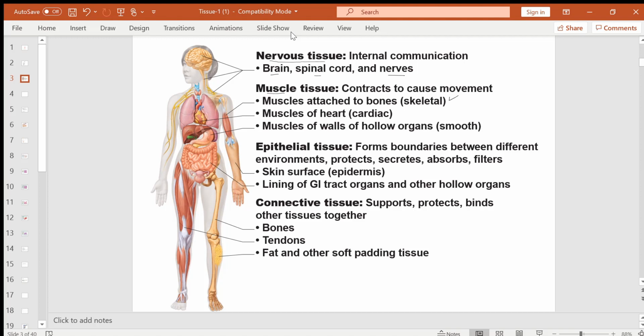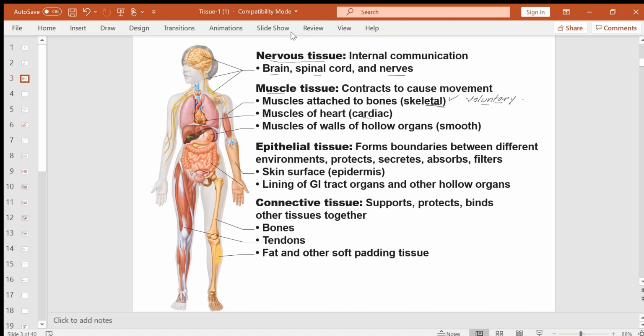Skeletal muscle is voluntary. That means you can control the skeletal muscles, and skeletal muscles are attached to the skeleton. That means attached to the bones, and since they are attached to the bones and they are voluntarily controlled, we can move the bones or body parts with the help of the skeletal muscle.